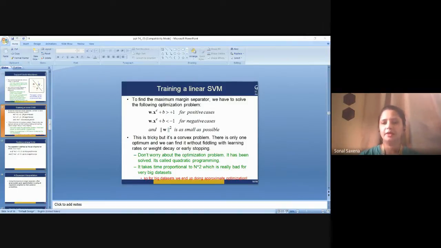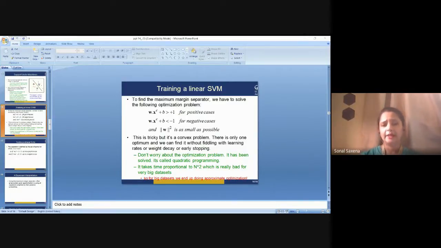Each xi is a p-dimensional real vector, and we want to find the maximum margin hyperplane that divides the group of points xi for which yi equals 1 from the group of points for which yi equals minus 1, defined so that the distance between the hyperplane and the nearest point xi from either group is maximized.